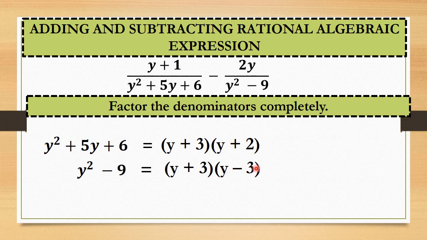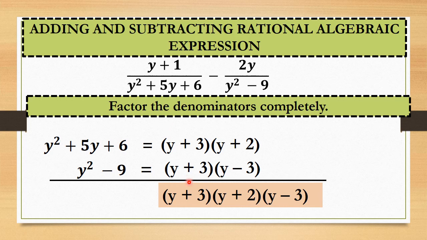So, let us consider all the common factors as 1 of the factors of our denominators. So, y plus 3, meron din tayong y plus 3 dito sa second denominator. So, let us combine or write the factor as 1. So, we have y plus 3, then times y plus 2 times y minus 3.